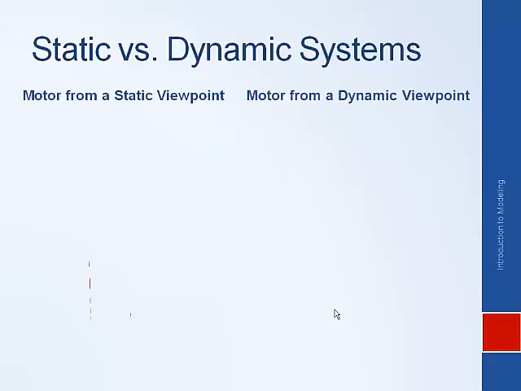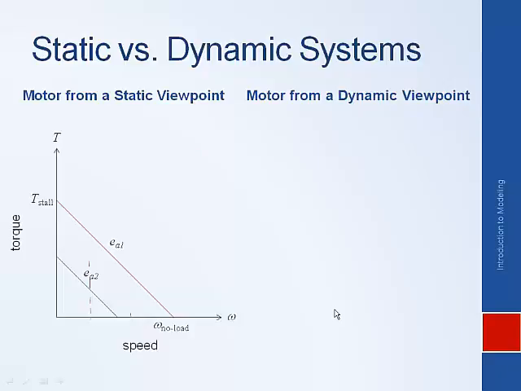Let's take a look at a model of a motor from a static viewpoint and from a dynamic viewpoint. One way to look at a model of a motor is as a torque speed curve. If we look at this, we have some voltage input to the motor, EA1, and we have some load torque.